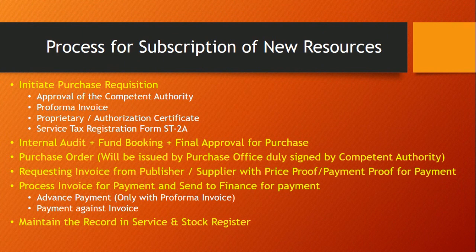Once the pro forma invoice is received by the publisher, the purchase requisition is generated, and it contains, suppose, the proprietary or authorization certificate, the service tax registration form, the pro forma invoice, and the approval which has been taken for the purchase.